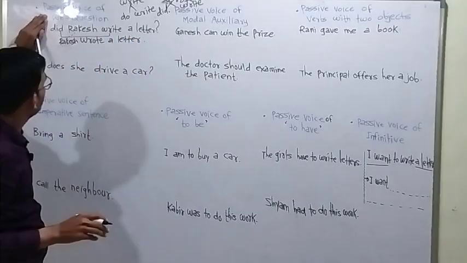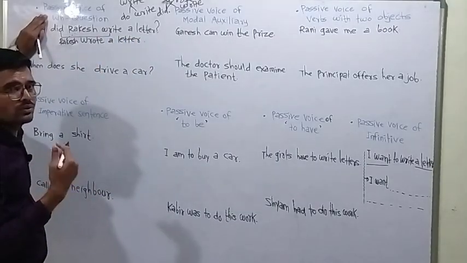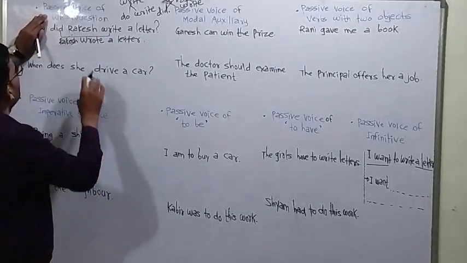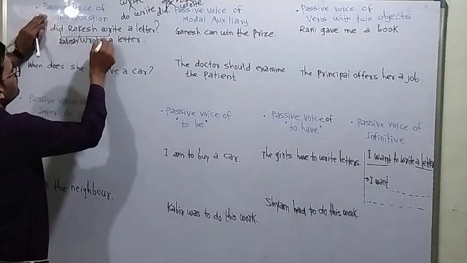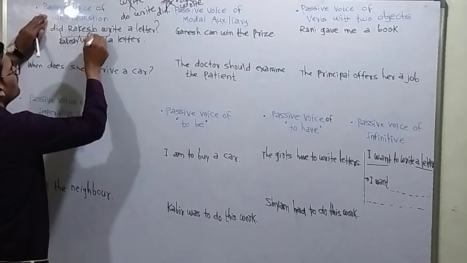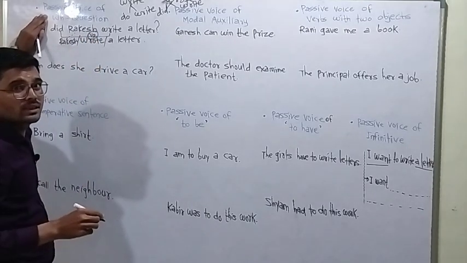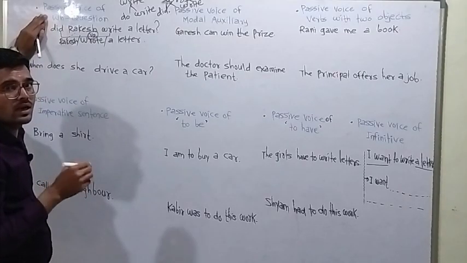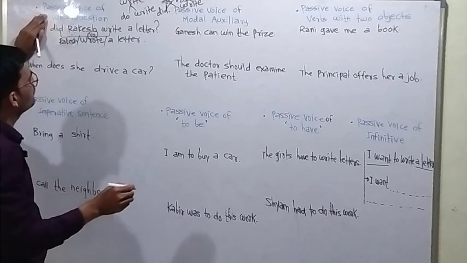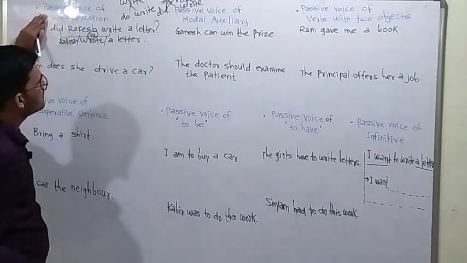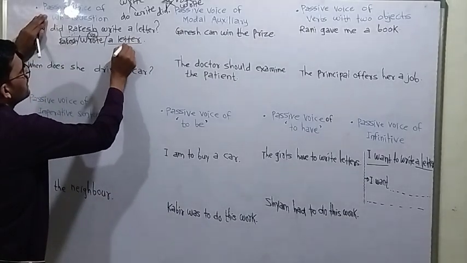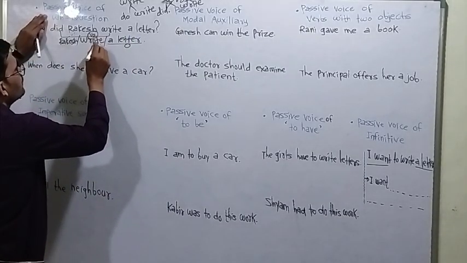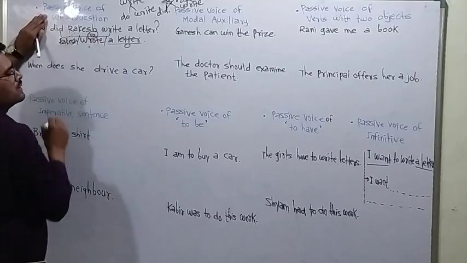We have to hide the WH word. Okay, we are going to understand this better now. Rakesh wrote a letter. Wrote is the second form of the verb, V2. The tense of this particular sentence is simple past. V2 always indicates simple past. So we are going to convert. A letter is the object, then V2 is the verb, and Rakesh is the subject.